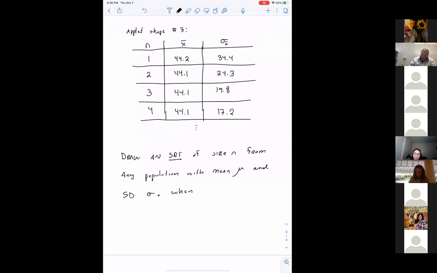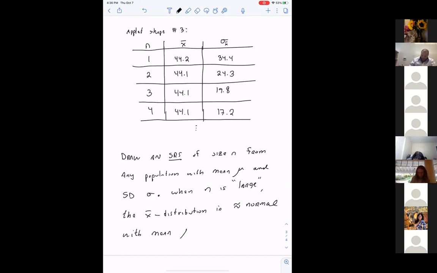When n is large, the X bar distribution is approximately normal with mean mu and standard deviation sigma over the square root of n.